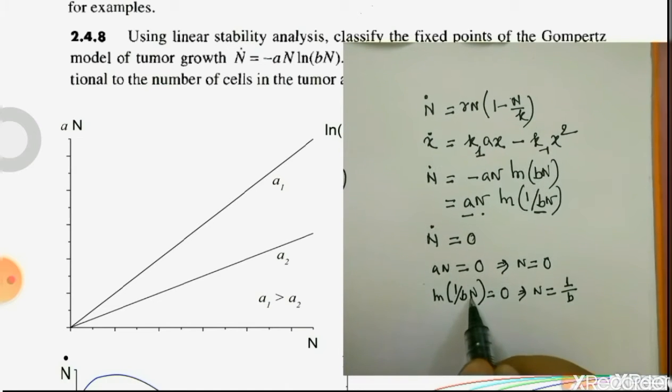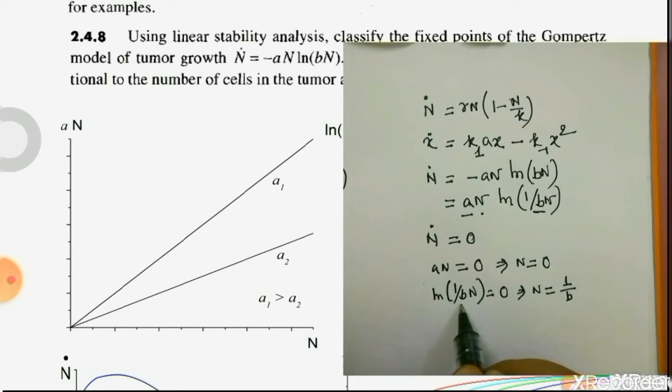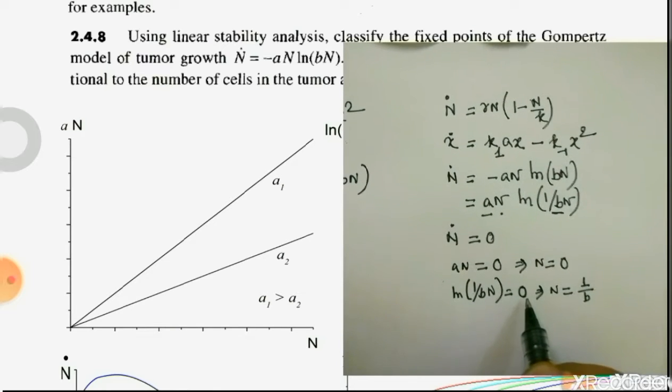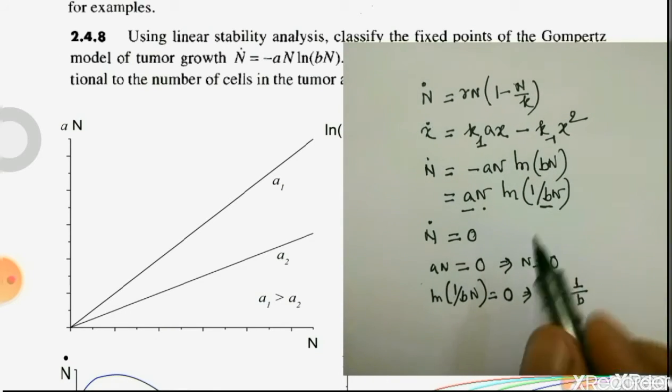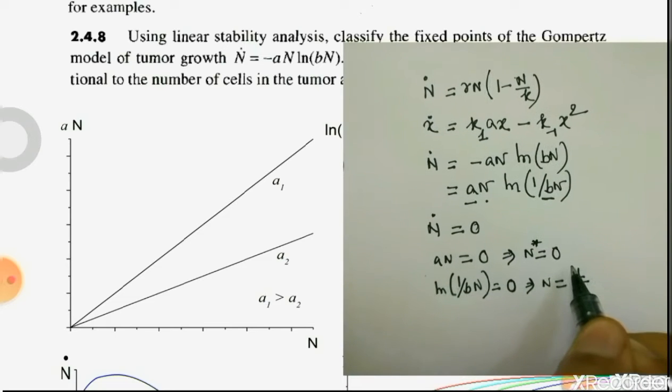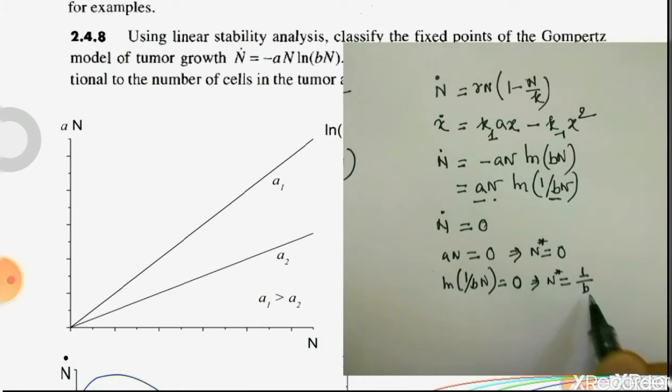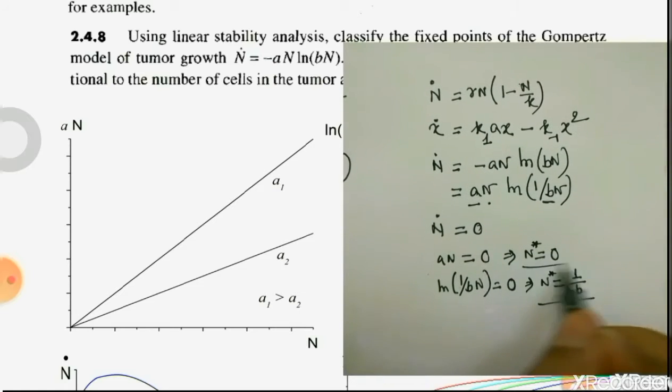So, when n is equal to 1 by b, then this becomes ln 1, and we know that ln 1 is 0. So, the two fixed points are n star is equal to 0 and n star is equal to 1 by b. These are the two fixed points.